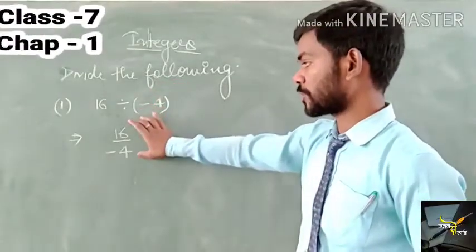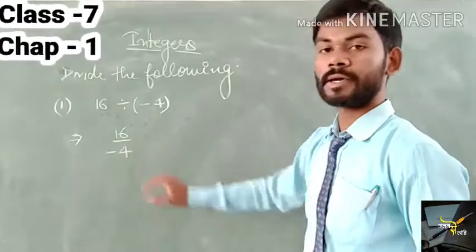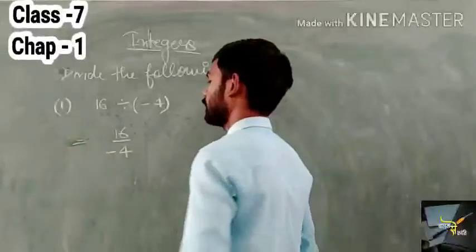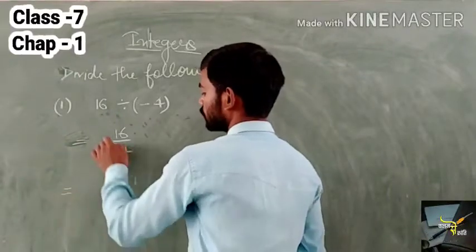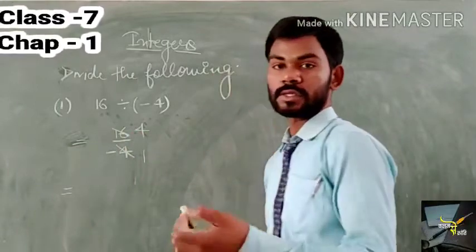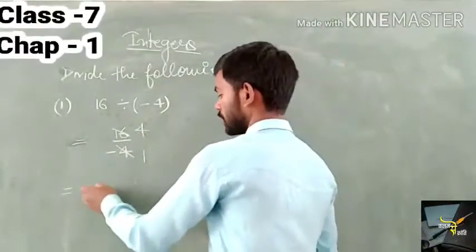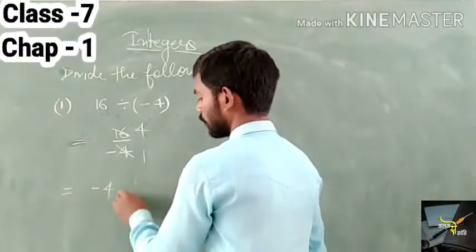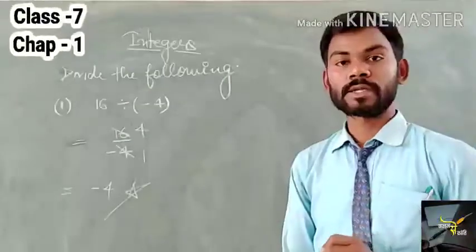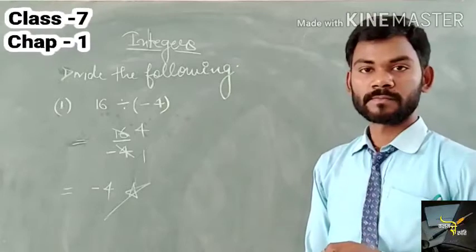This may also be written as 16 upon minus 4, and this will be equal to, 4 ones are 4 and 4 fours are 16. So our result will be minus 4. Therefore, minus 4 is the right answer.